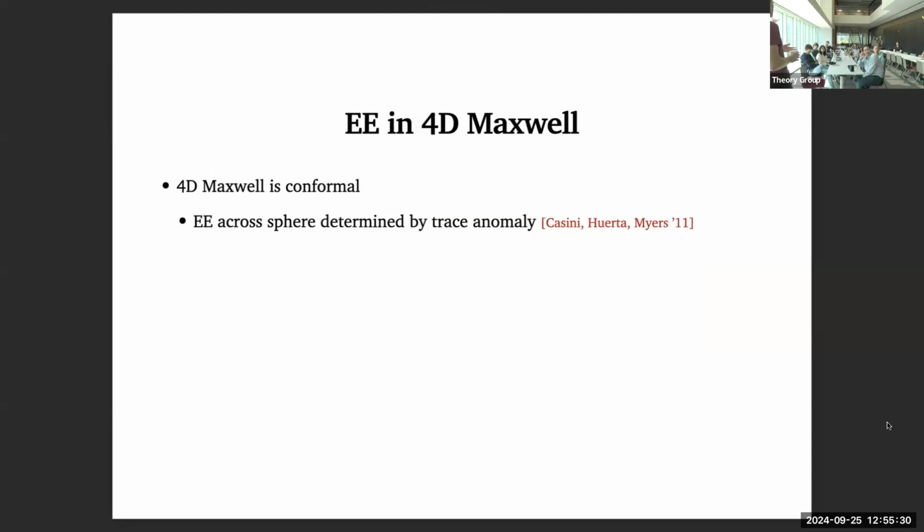Right. So some context or motivation for this is that in 4 dimensions, Maxwell theory is conformal, and there's the famous Casini-Huerta-Myers paper showing that in CFTs the entanglement going across a sphere in flat space, the universal log coefficient of that entanglement, is given by the type A trace anomaly coefficient for the CFT.